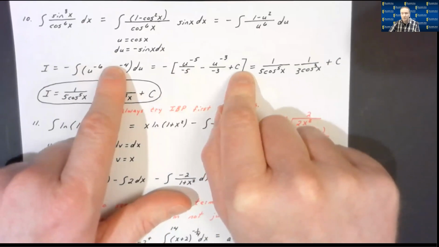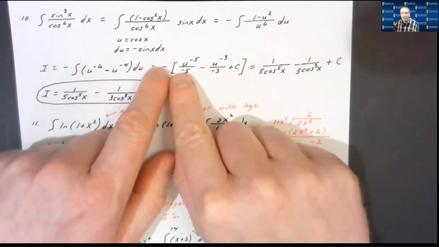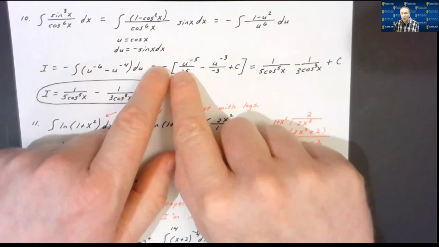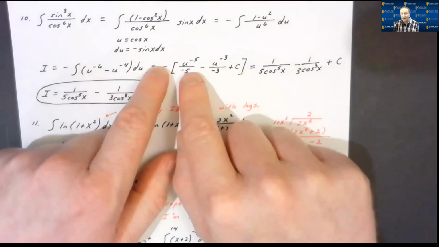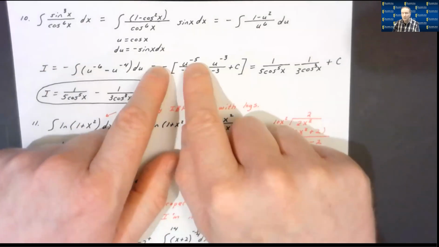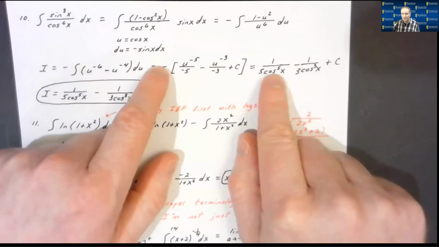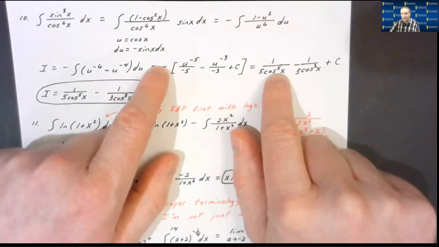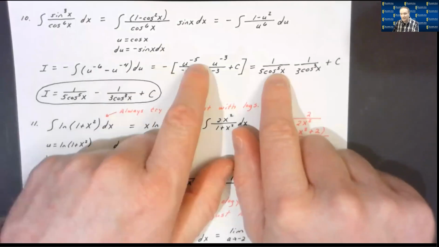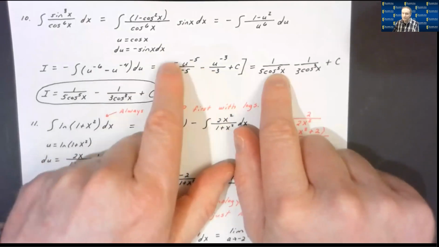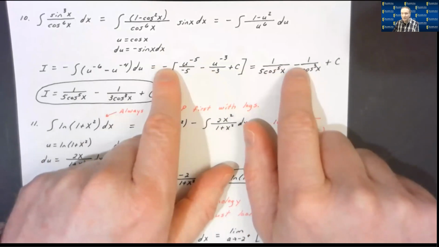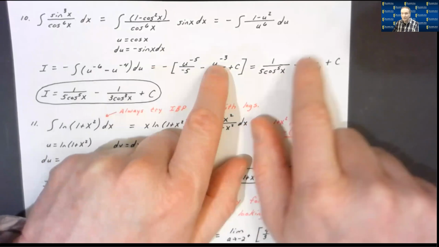Now, in that first term, we know it's going to be minus a negative, so it's going to be positive. And I'll have 1 over 5 u to the fifth, where u to the fifth is cosine to the fifth x. So 1 over 5 cosine to the fifth x. My next term on the inside would be positive, but then this makes it minus. So I say minus, and my numerator again is going to be 1.